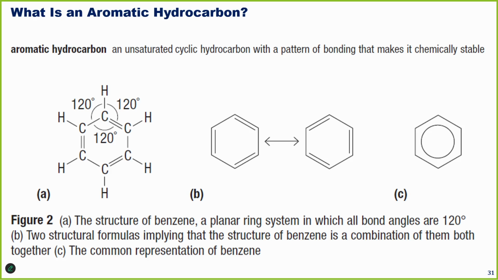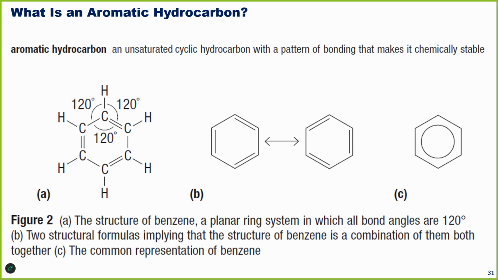The structural diagram often shows benzene as having 3 double bonds alternating with 3 single bonds. Measurements of the bond lengths between carbon atoms, however, have shown that all 6 bond lengths are equal. If benzene actually had 3 double bonds, then those bonds would be shorter than the other 3.